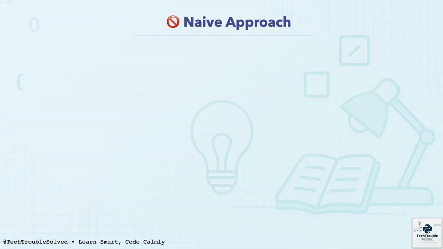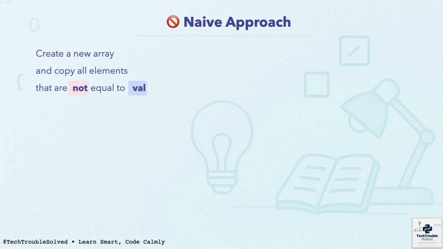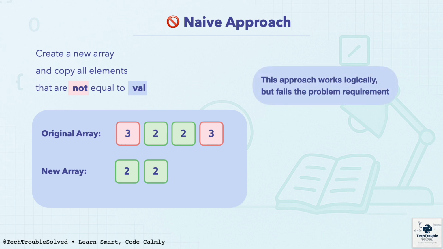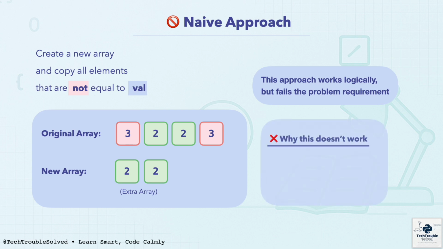Now before jumping to the optimal solution, let's look at a very common first thought. One simple idea is to create a new array and copy only the elements that are not equal to val into it. This approach works logically, but there is a problem. We are using extra space and the problem clearly asked us to solve this in place.